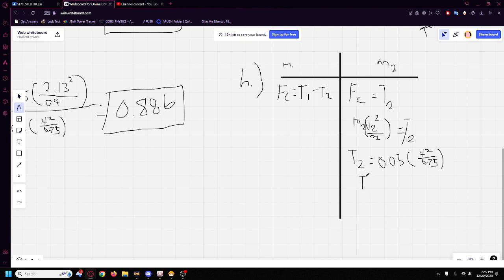You plug that into your calculator, and you get T2 is equal to 0.64.